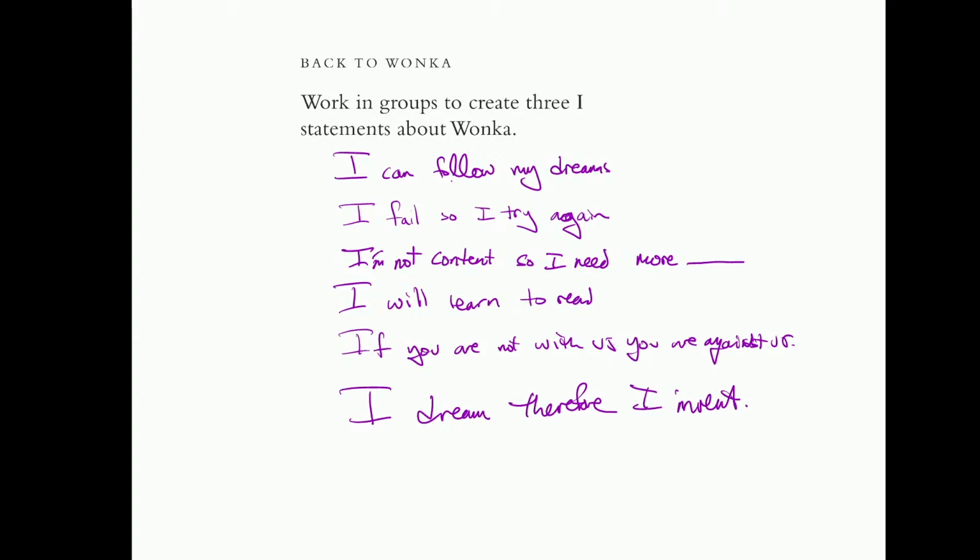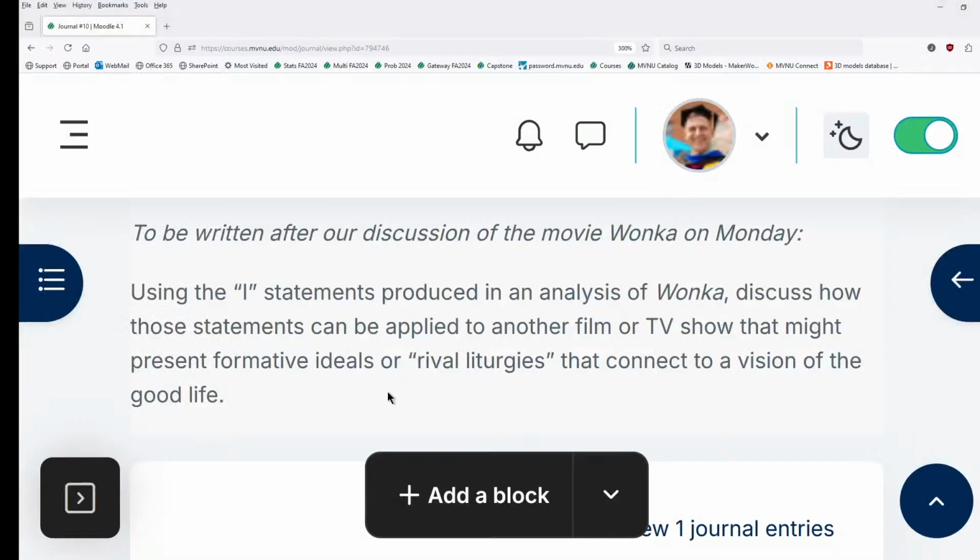I will learn to read. Not that one, but maybe learn. There's things that a person has to learn. If you're not with us, you're against us. I dream, therefore I invent. So do these apply to other shows, or make up your own? I'd be happy if you were to just analyze your own TV show instead. Yeah, I'm not sure how this is supposed to apply now that I think about the prompt I was given.